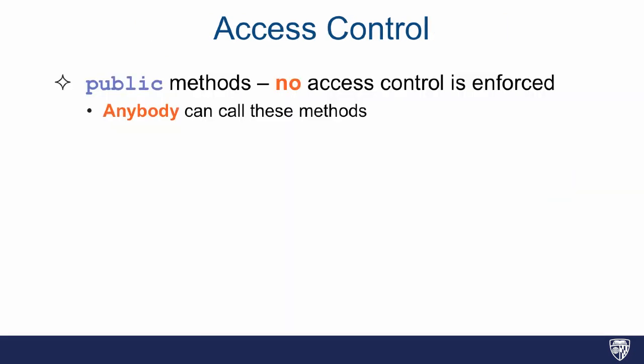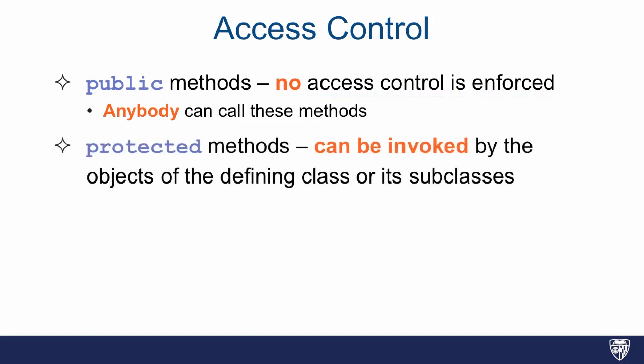Now, let's talk about what public, protected, and private actually mean. Public methods means there's no access control enforced. Anybody from outside the class or from inside the class can call this method. Protected means it can be invoked, but only by the objects of a defining class or its subclasses. Nobody from outside, unless you're a subclass, can call a protected method.